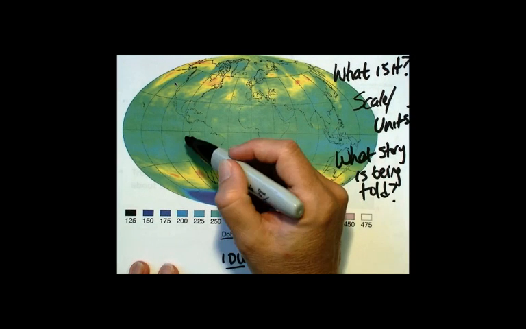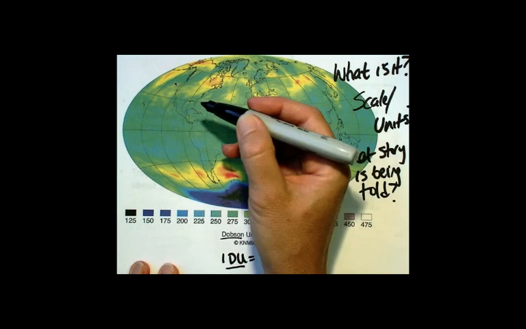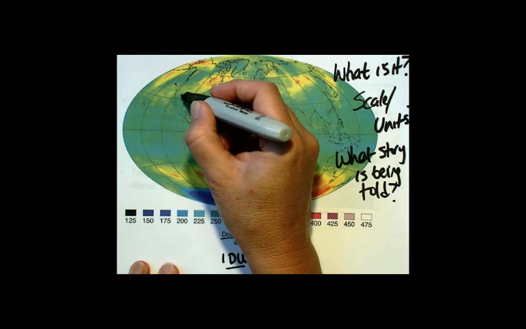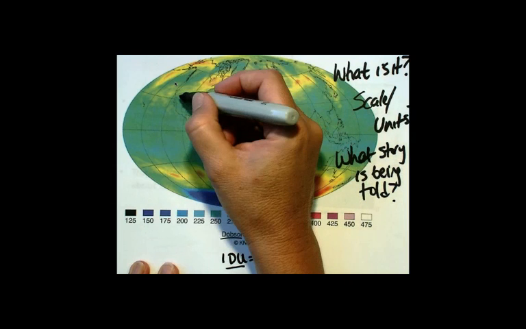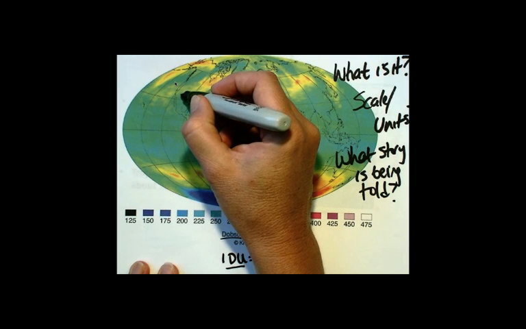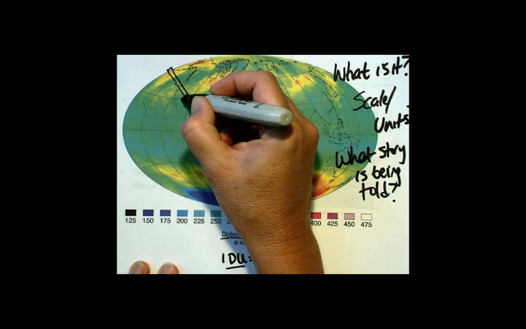A column of air in the atmosphere, 1 square centimeter. So 1 centimeter is a very short unit of measure, so it's a tiny little space. Of course, that's not to scale, but you get my point. Like 1 square centimeter, and then a column all the way up to the top of the atmosphere.